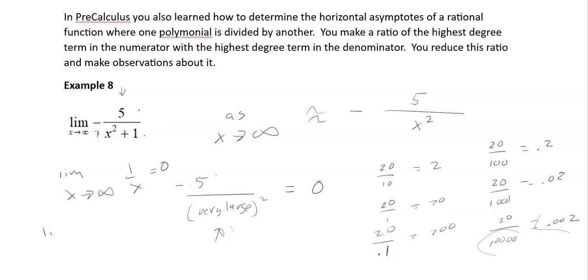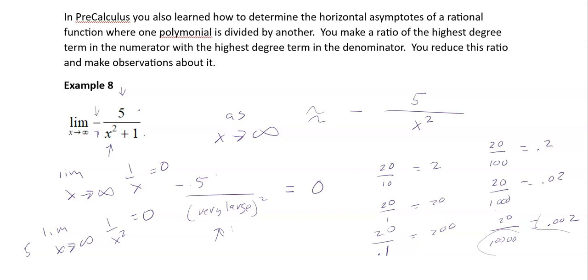And the limit as x goes to infinity of 1 over x squared is also 0. Well, 5 over x squared is just 5 times 1 over x squared. So I can take the 5 out, and 5 times 0 is still 0. Your rules in pre-calculus were if the degree on the bottom is larger, you get 0.